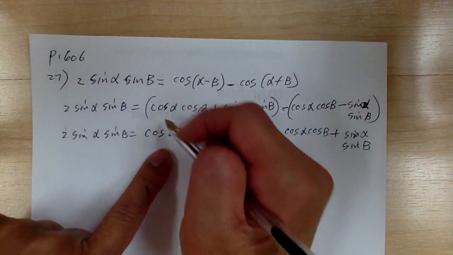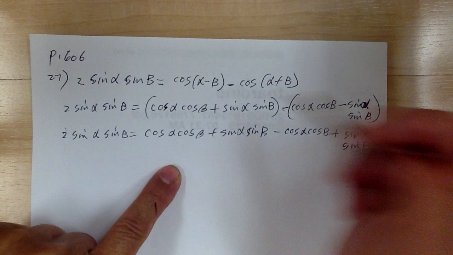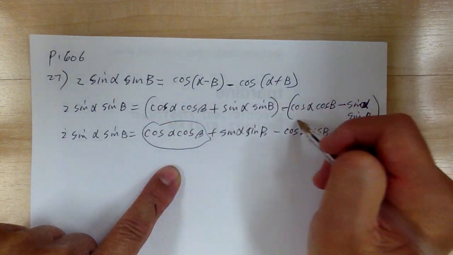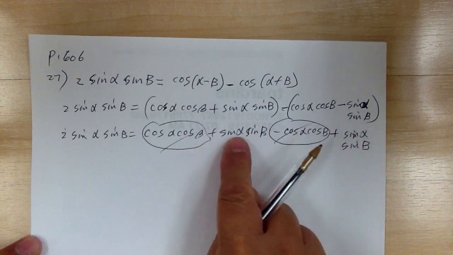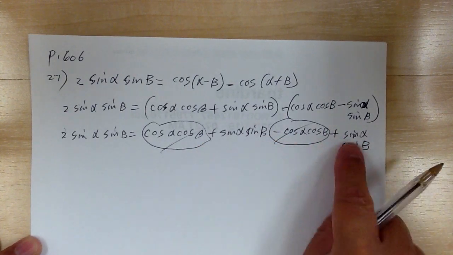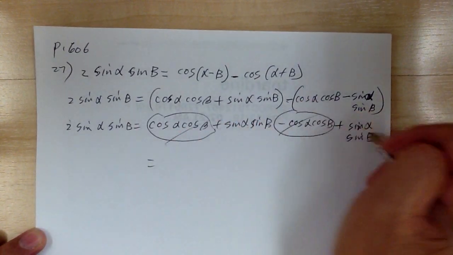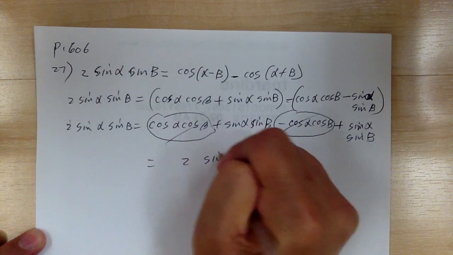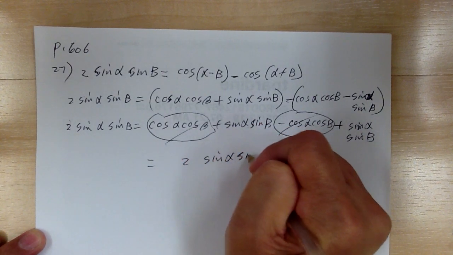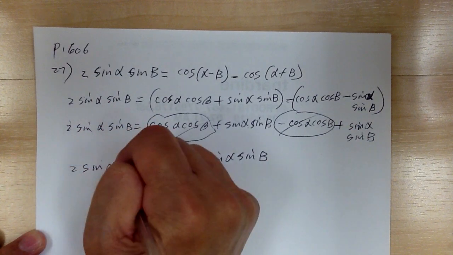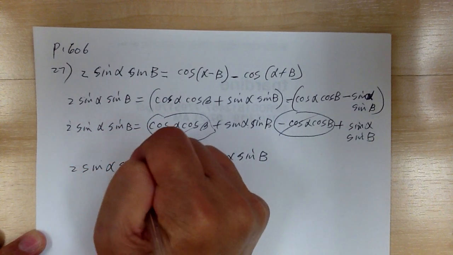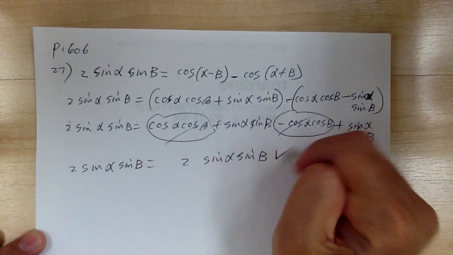So this one and this one cancel out. And these two are the same, so when you have this plus, you get 2 sine alpha sine beta, and this side original is 2 sine alpha sine beta, and they're the same, so you're done.